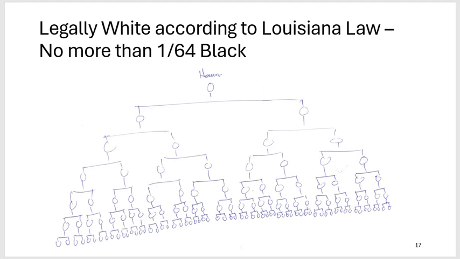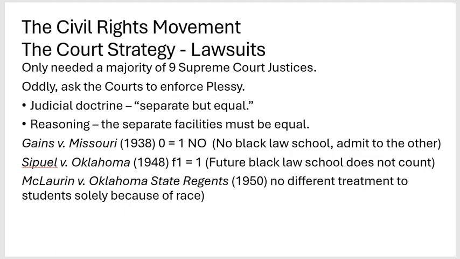And of course, African Americans didn't like this, and so they needed a strategy to try and change the law, but also to change society itself. Now they could have done this in two ways, and in fact, they pursued both simultaneously. But at first there was more success in the courts.